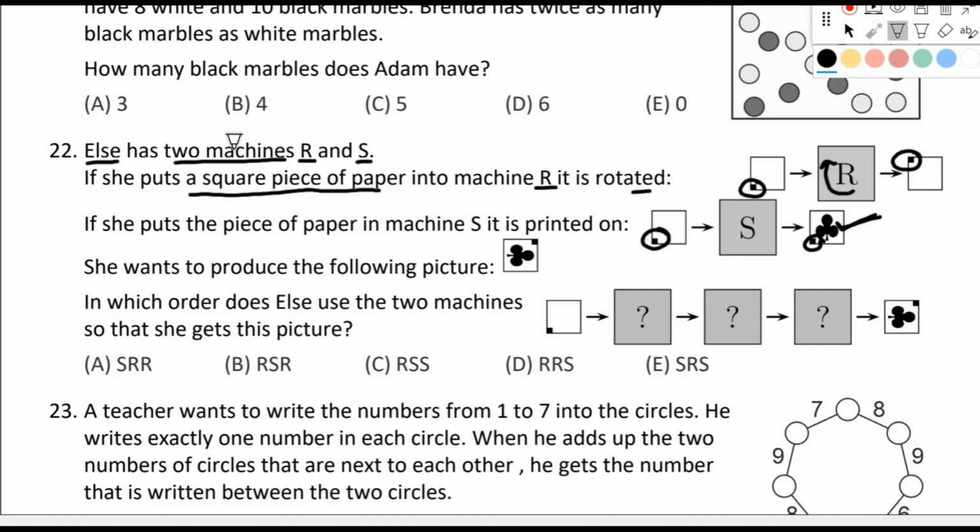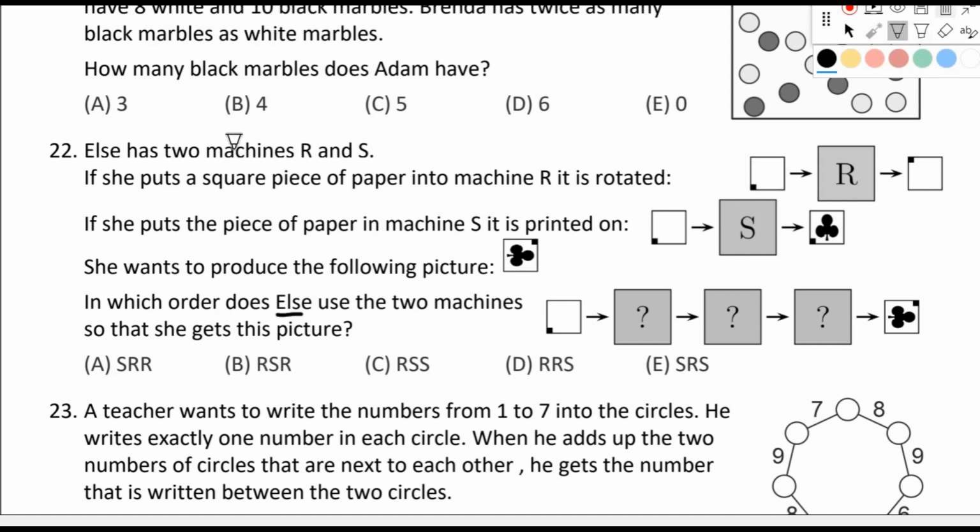Now she wants to produce a picture of this kind, means a dot at this location and picture rotated. So that means R is for rotation, S for printing the picture. So in which order should Elsie use the machines so that she gets this picture?